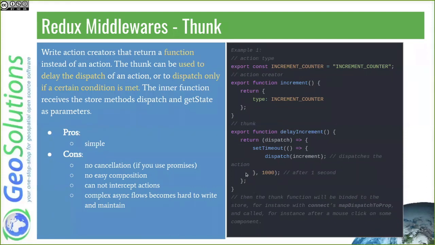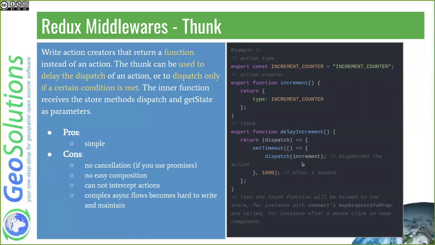If you return a function and you add this middleware to Redux, there are methods of the store to add middlewares, these functions are called and a dispatch method is passed as argument. So you can define an action creator this way, returning a function, and this dispatch method is a way to dispatch other actions.